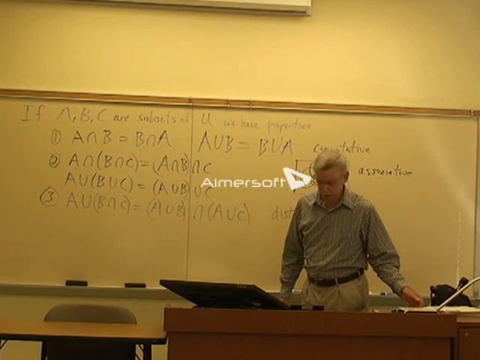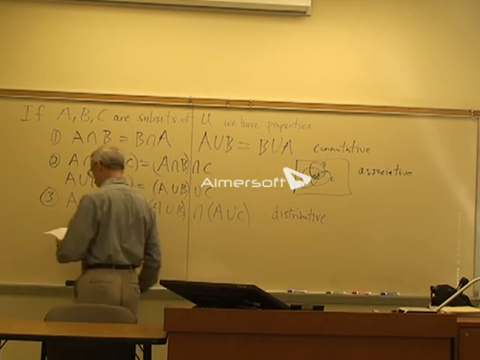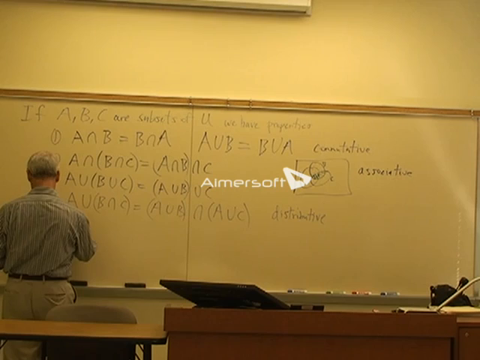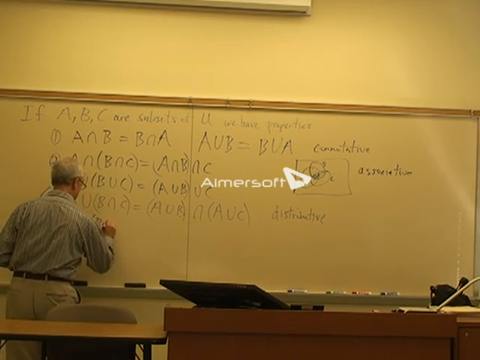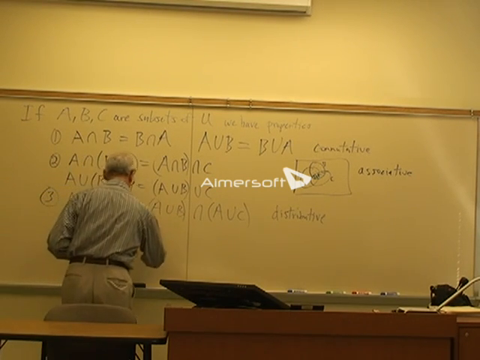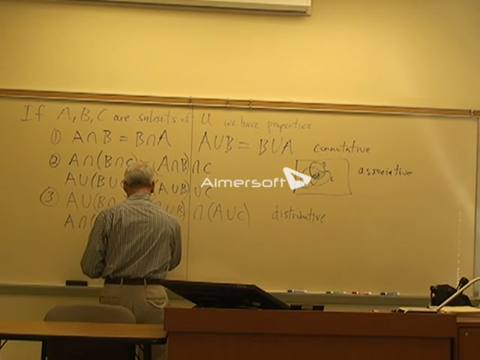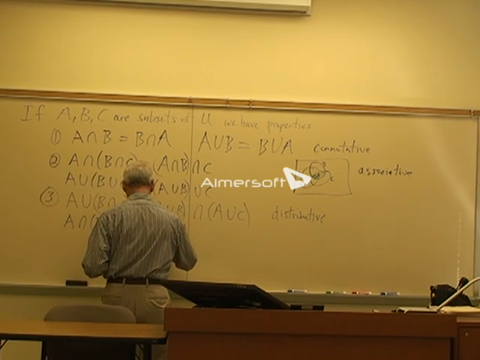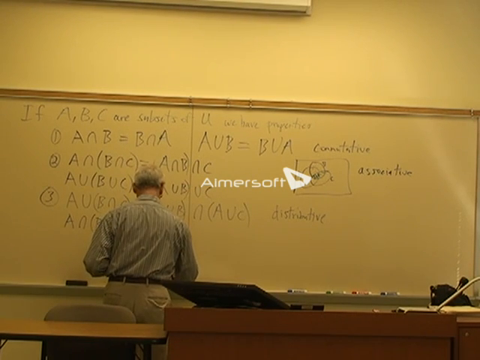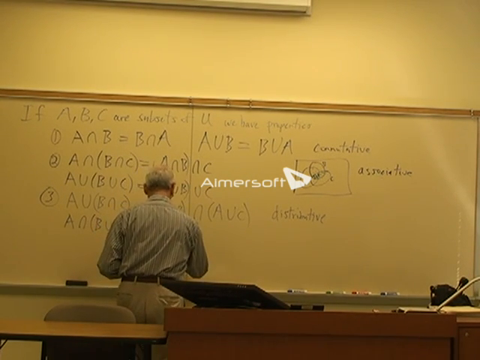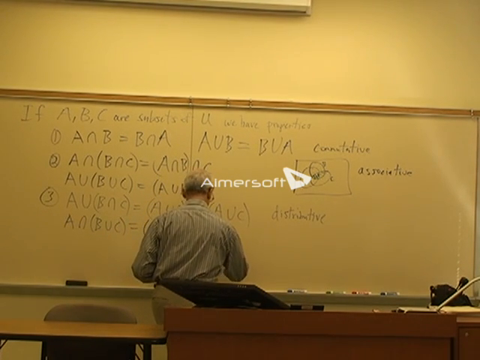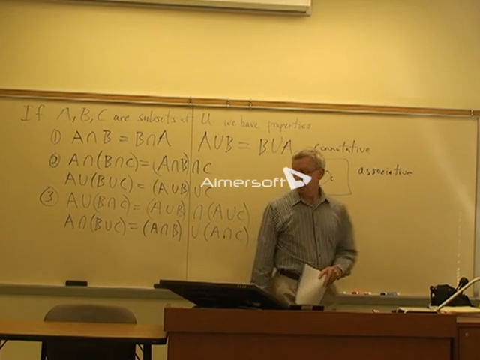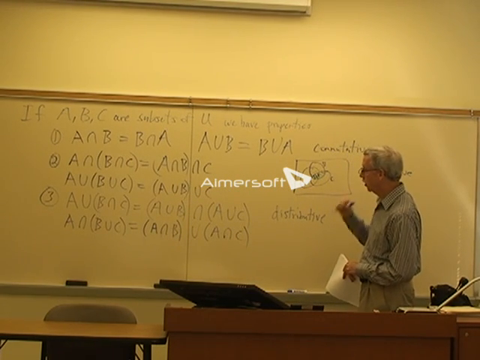I'll just write the mirror. So intersection distributes over union, similarly.